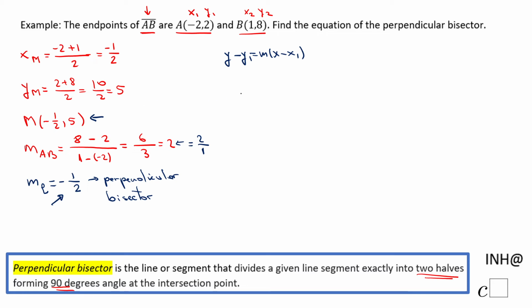So in this case, be careful, y1 is this 5, the y coordinate of the point that belongs to that line, the midpoint, right? So we're going to have y minus 5 equals -1/2 times x minus -1/2.